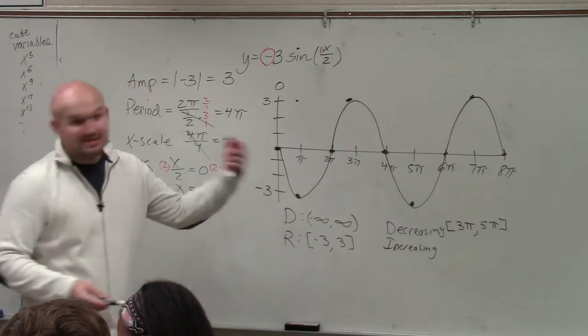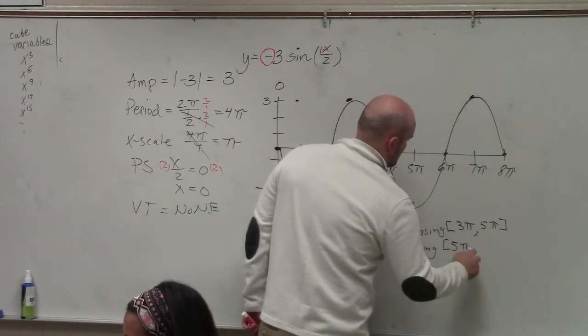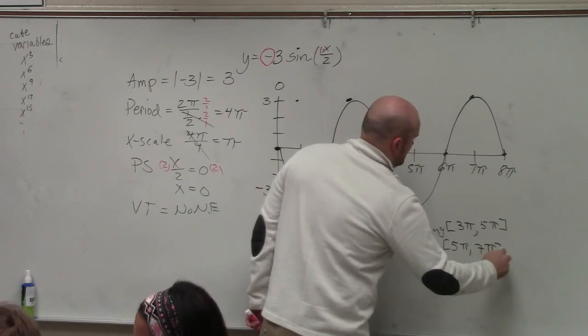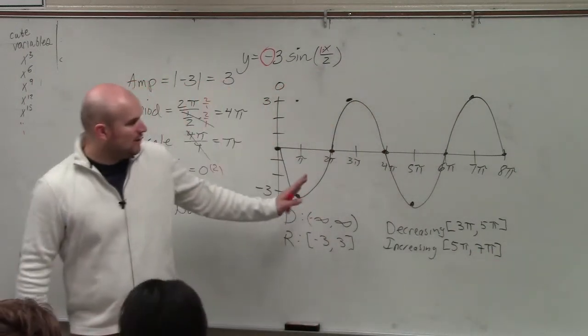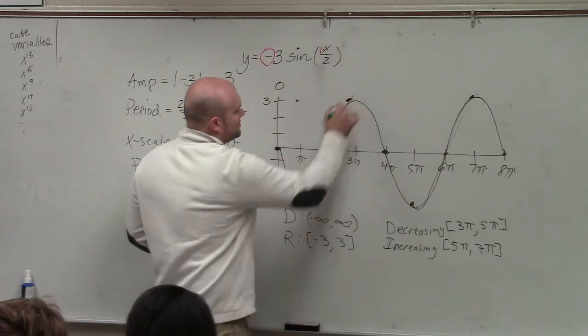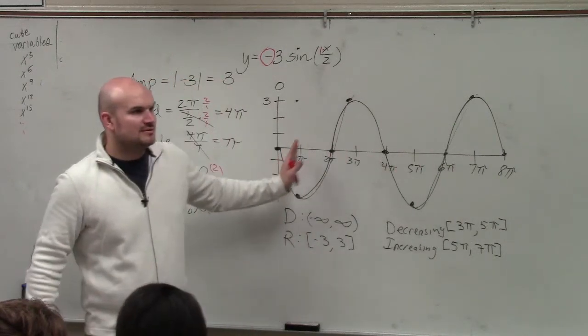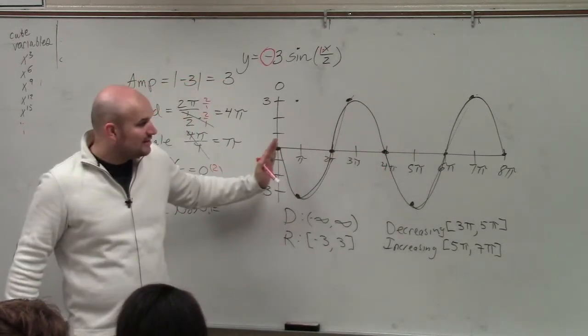So you could say 5 pi to 7 pi, right? Now, is it always going to be increasing 5 pi, 7 pi? Do you guys see how these two values are the same as well? What's the distance between these two? A period, right?